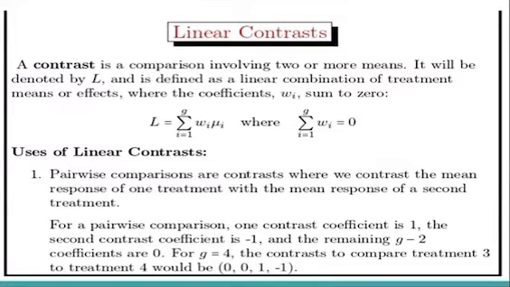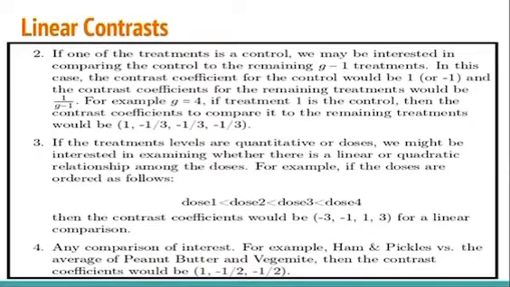Then the levels you are comparing will be 1 and minus 1. Does that make sense? In terms of weights. Now, take a look at number 2. Now, what do you think? 1, minus 1/3, minus 1/3, minus 1/3. It means I got 4 levels and I'm comparing 1 level with the other 3. Does that make sense? Okay.